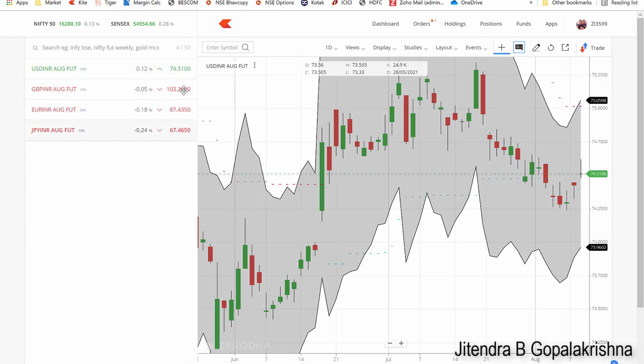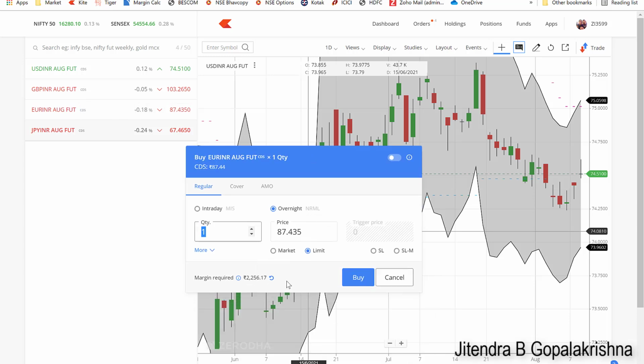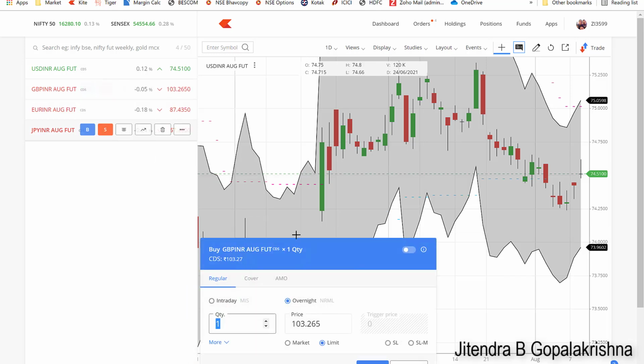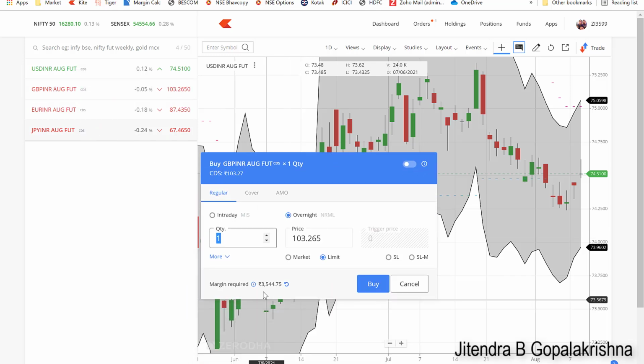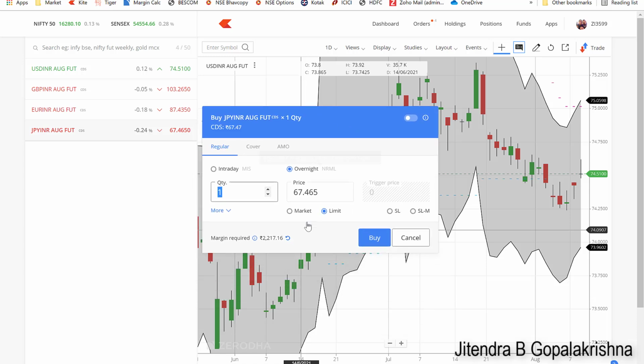All the 4 different values, and like buying any other thing you can buy. So Euro, for 1 unit, your margin is around 2,256. GBP is going to be slightly expensive, so 3,300 and odd, right? Japanese yen will be the lowest at around 2,217, right?